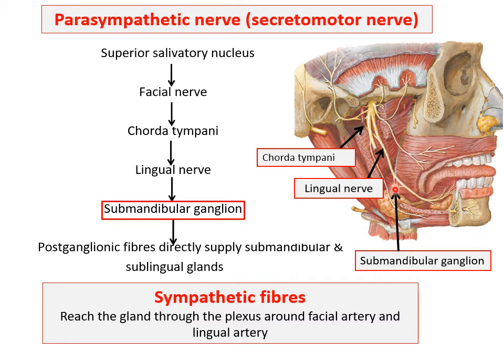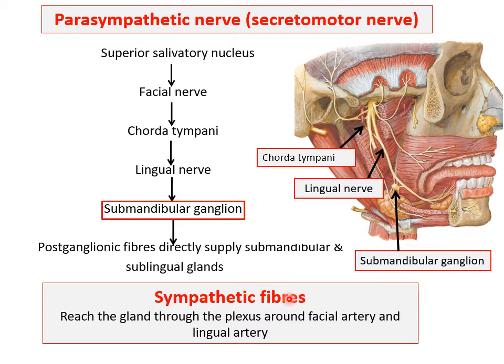This yellow colored structure here is the submandibular ganglion. From there, the fibers will reach the submandibular gland, and some of the fibers will run along the course of lingual nerve and finally reach the sublingual gland. This is the parasympathetic nerve supply of the submandibular and sublingual gland.